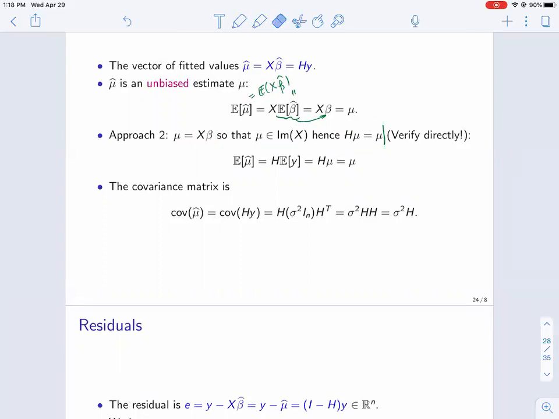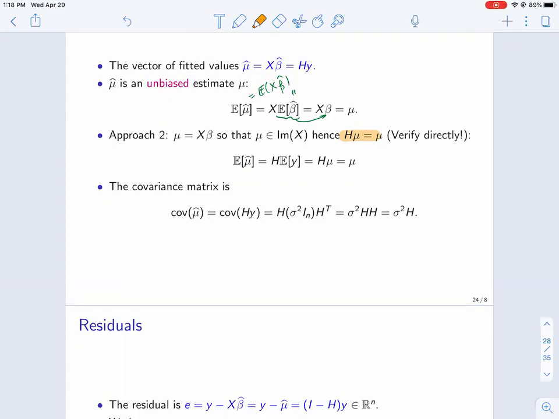Does anyone know the geometric interpretation of this? Why is H mu equal to mu?